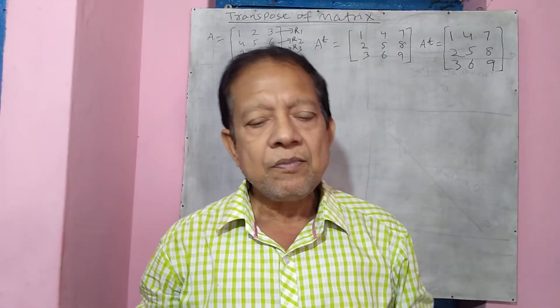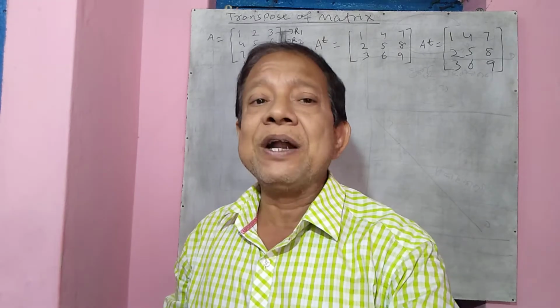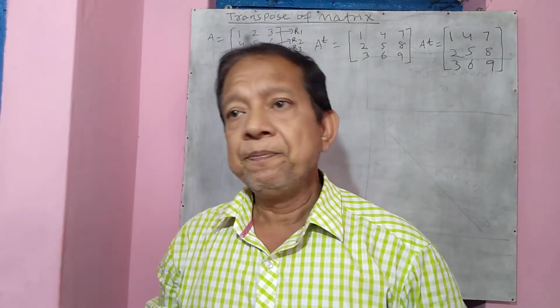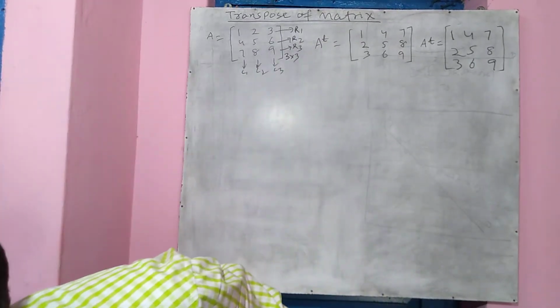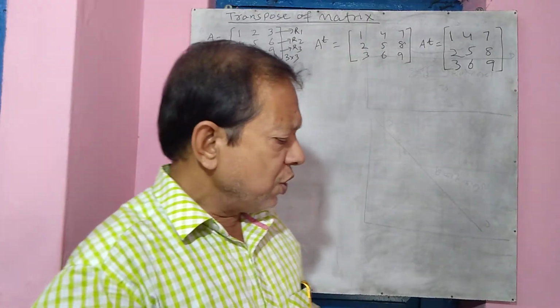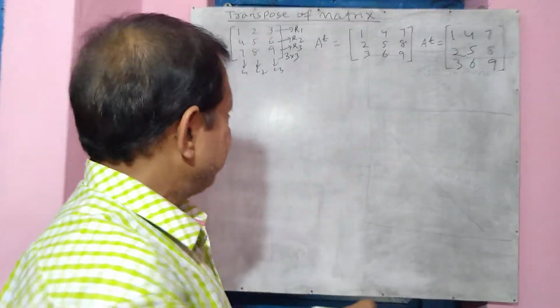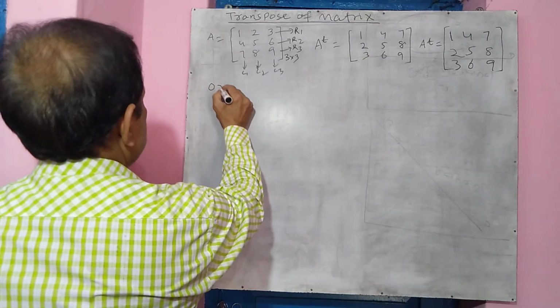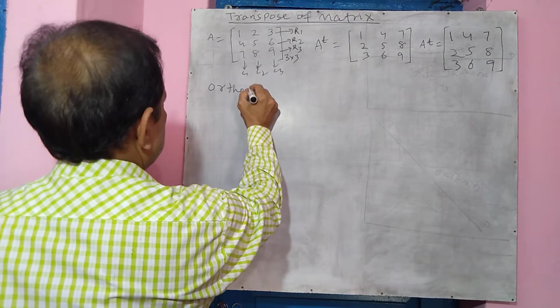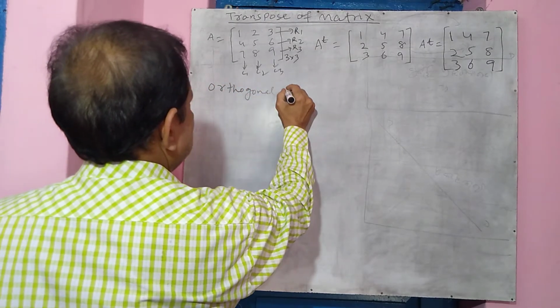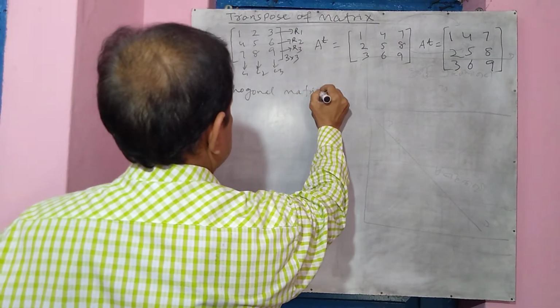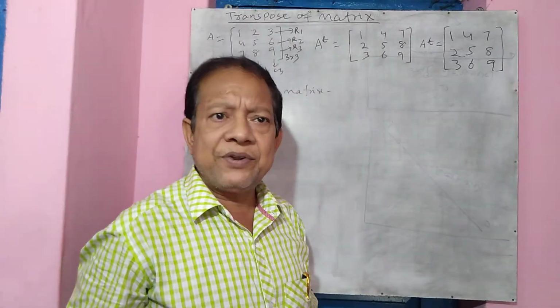Right? Now while you transpose a matrix, remember, we come across two other types of matrix. One is the orthogonal matrix. Now what is an orthogonal matrix?